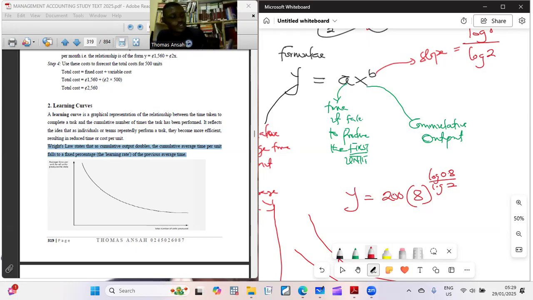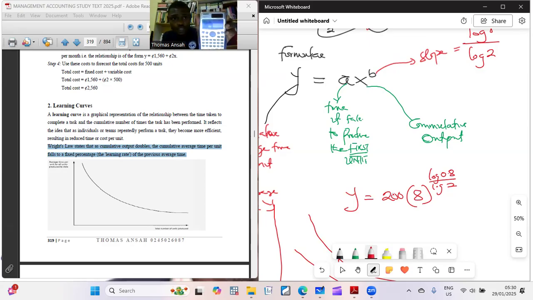Then I press the division key, the one below the calc. Then you put in log 2. I press log again, another bracket opens, I put in 2, and close the bracket.